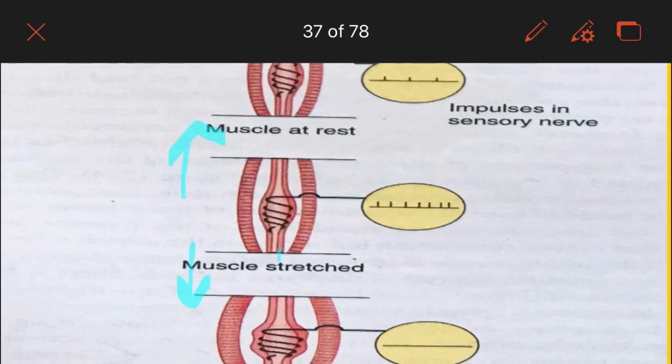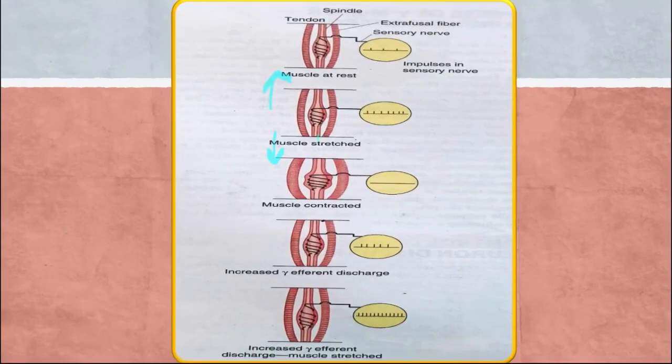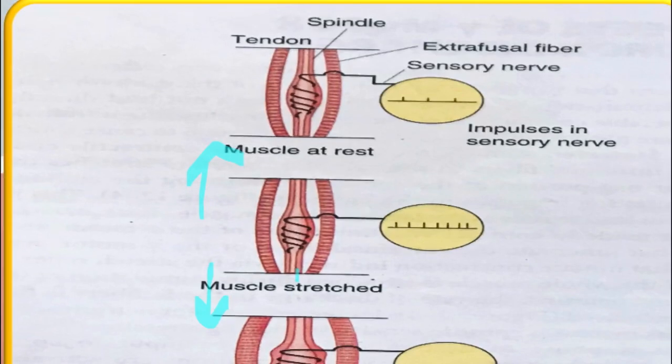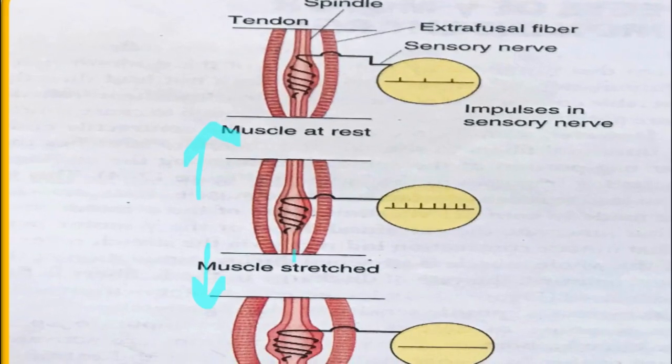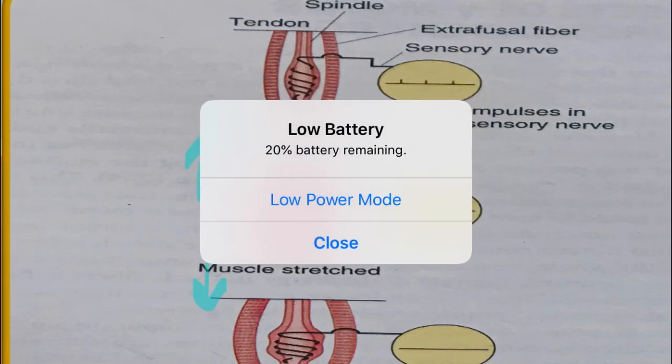If I zoom in, say like this way, and if we stretch, this muscle spindle is getting stretched. So, because of the stretching of the entire muscle, the muscle spindle will also get stretched, and stretching of the muscle spindle will generate the receptor potential, ultimately ending up in generating the action potential within the 1A and 2 afferent fibers, depending on whether it is a dynamic or the static one, there will be generation of the action potential.